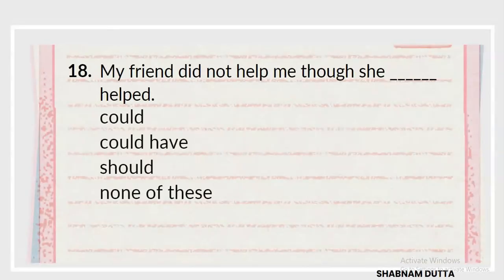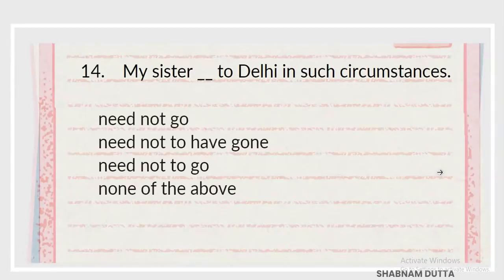Next. My friend did not help me though she dash helped. The choices are could, would have, should or none of these. Number 19. My sister dashed to Delhi in such circumstances. Need not go, need not have to have gone, need not to go and none of these.